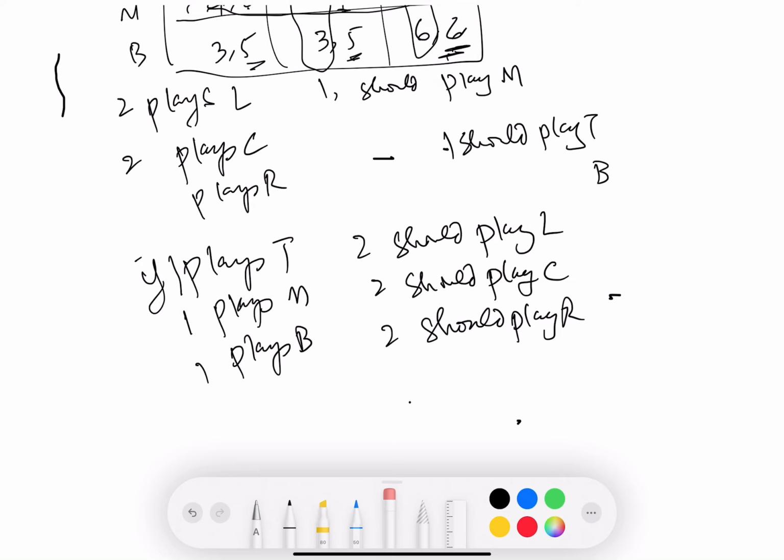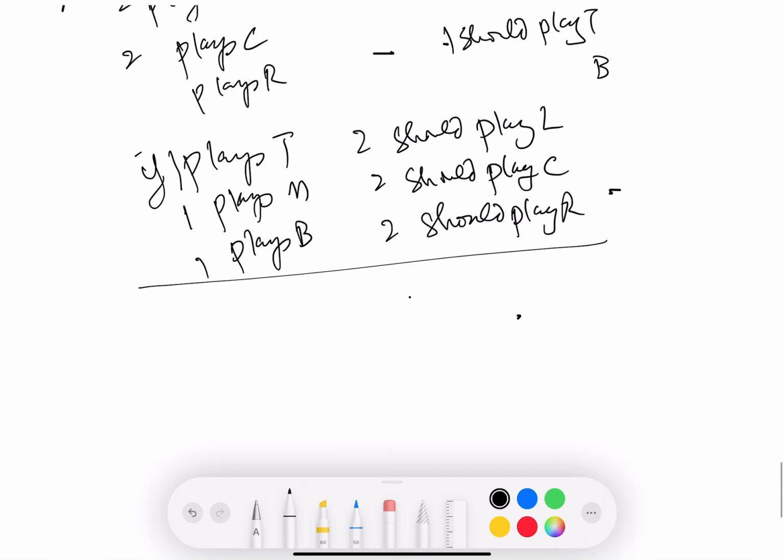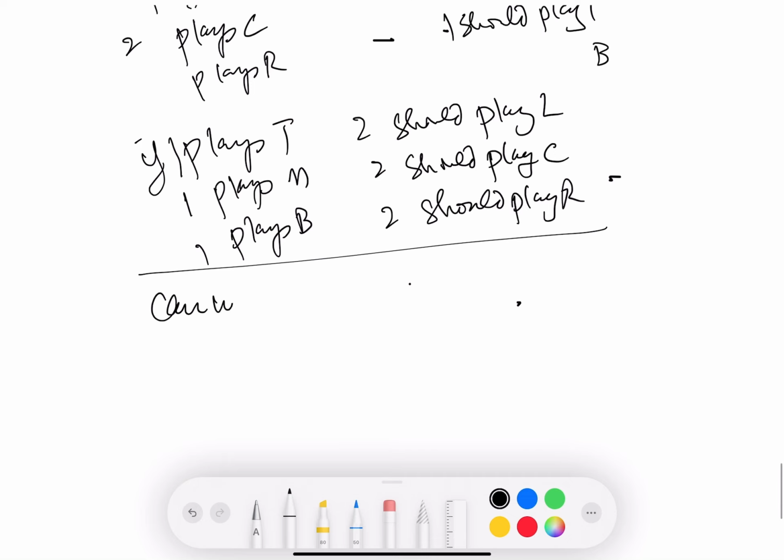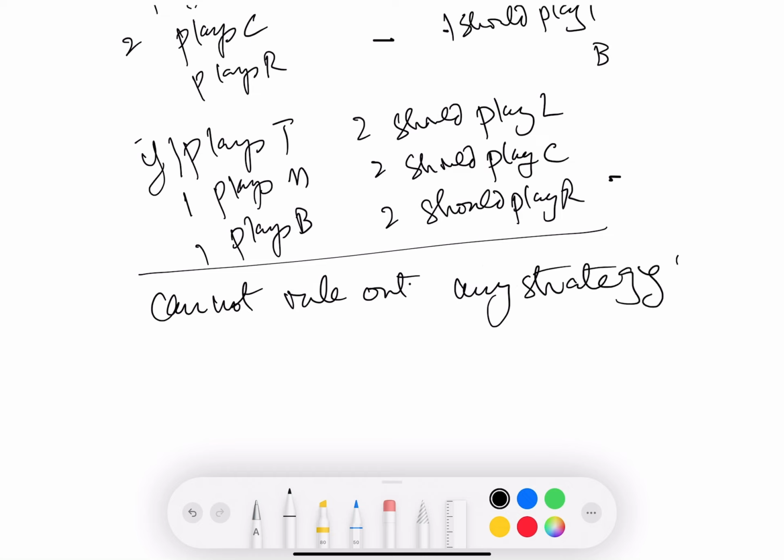So here, the entire original game cannot rule out any strategy for either player.